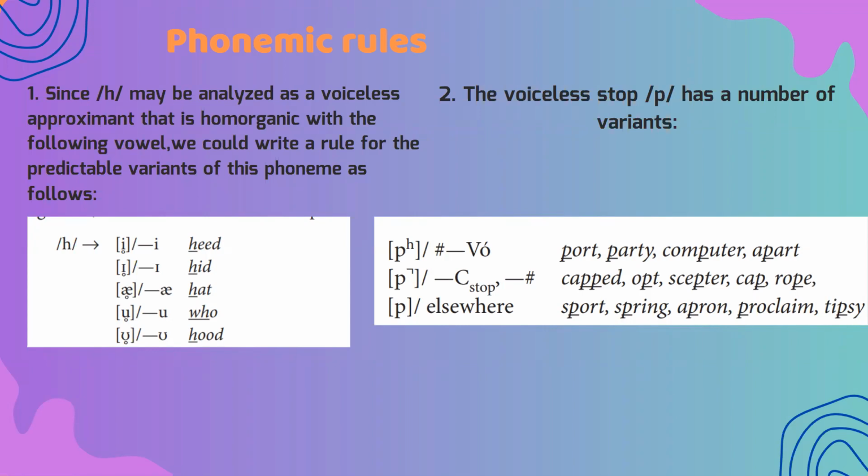And the second one is the voiceless stop P has a number of variants. You can see in this picture: port, party, computer, apart, sports, spring, apparent, proclaim, tipsy, like that.